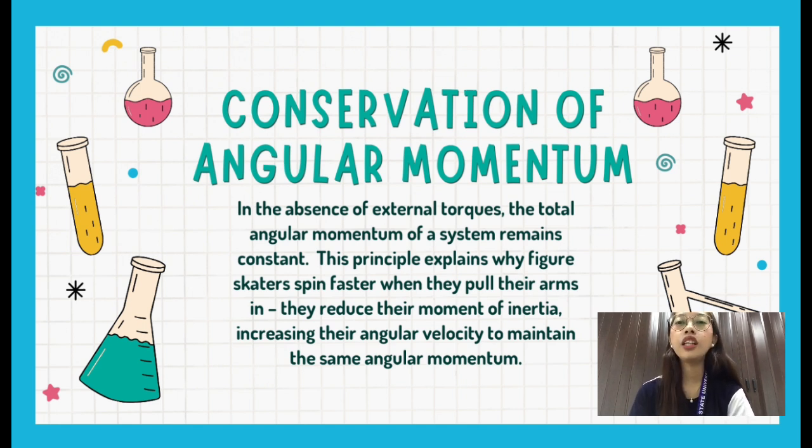So by reducing their moment of inertia, mas dapat i-increase nila ang ilahang angular velocity para ma-keep gihapon og same ang iyahang angular momentum. So the total amount of spin stays the same but it's concentrated into a faster spin.